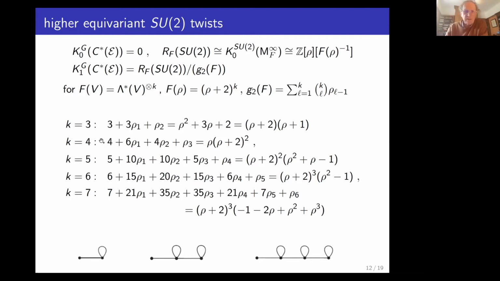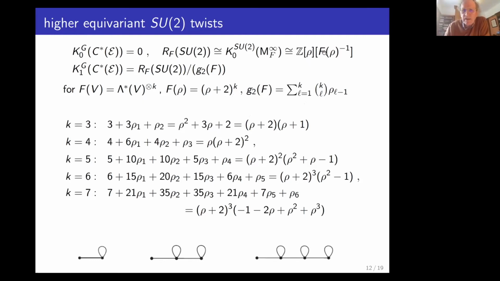Now, the interesting case is when K is odd. So K is 3, 5, and 7. In that case, the localization is not necessary, because this rho plus 2 is automatically invertible in the quotient.